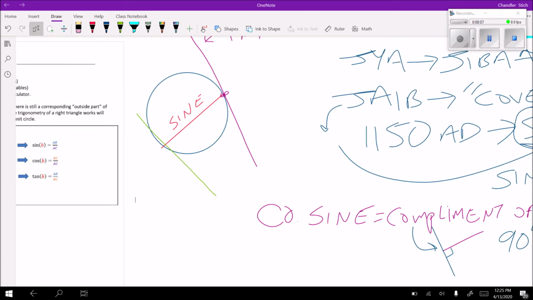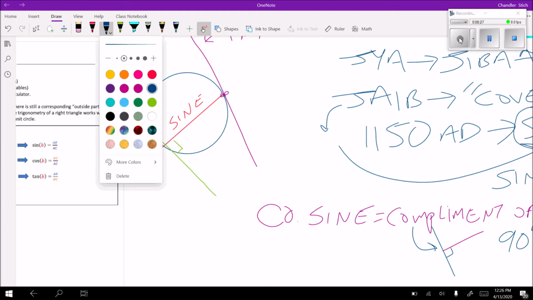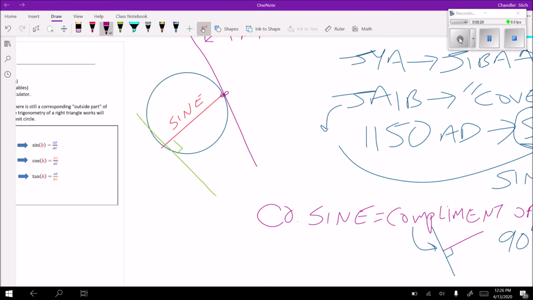All right, so here's, and again, I'm not doing this perfectly, but here's my right angle because that is the complement. I have my sine. Now, maybe you see it. If I were to extend this tangent line, and let me extend this complement.